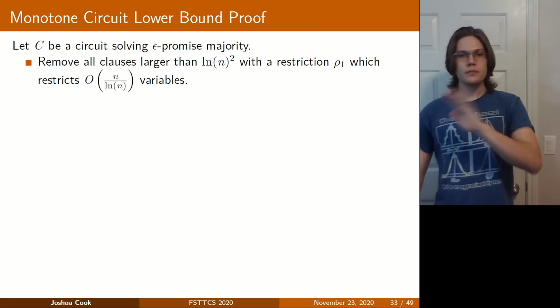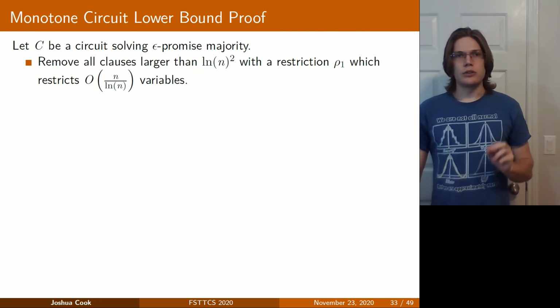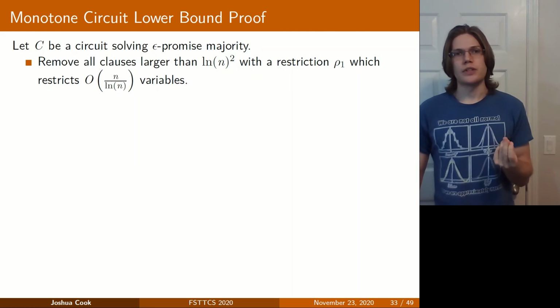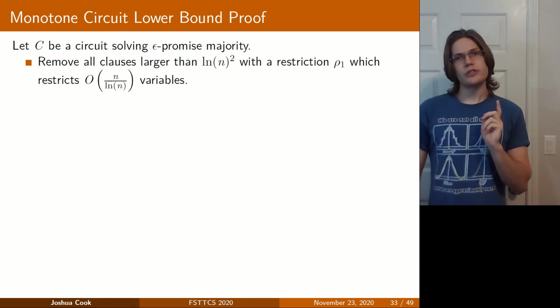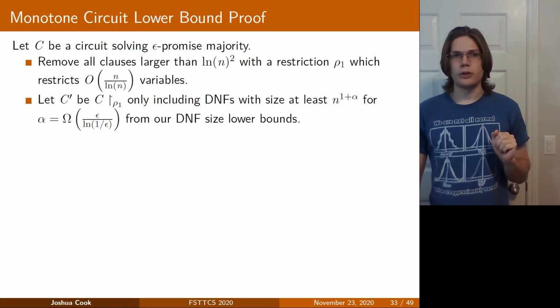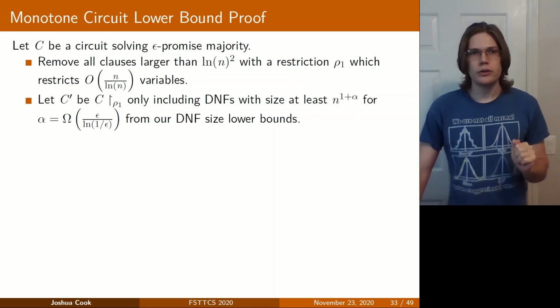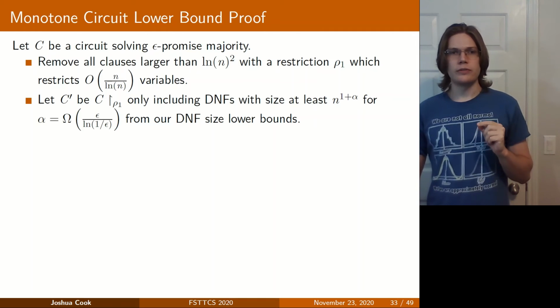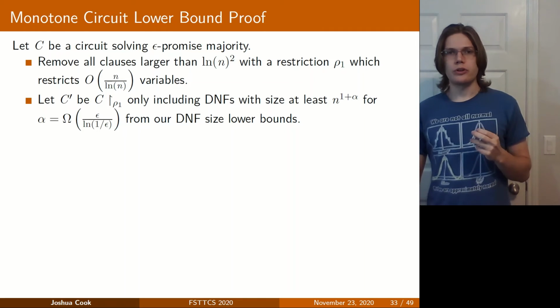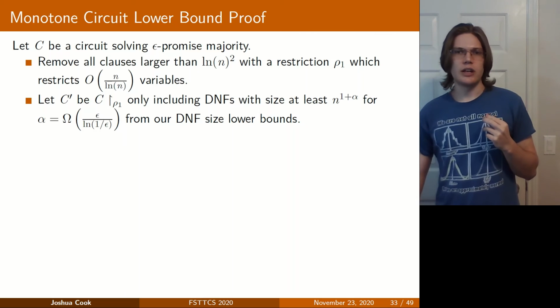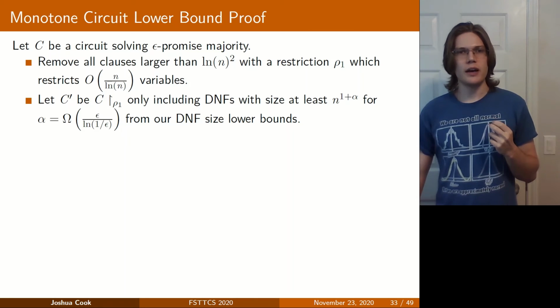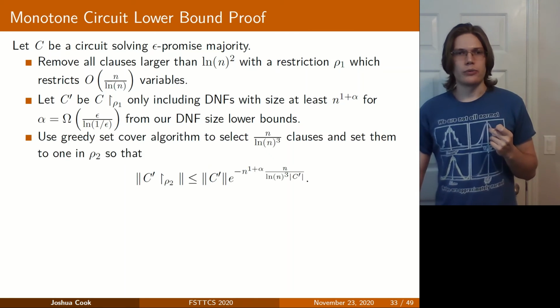So, going straight into this, let C be a circuit that solves epsilon promise majority. So first, apply a restriction to get rid of all the large clauses. Then we are going to only focus on C prime, which only has the DNFs that are bigger than n to the 1 plus alpha after we apply our restriction.